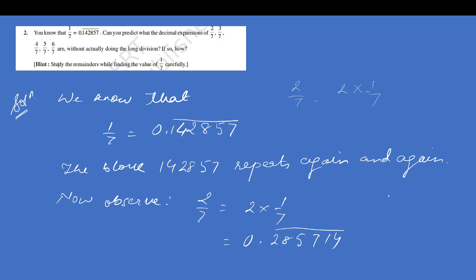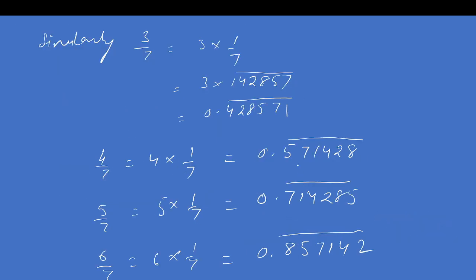Multiply 142857 by 2 and you get 285714. This is 2 by 7. Similarly, 3 by 7 is multiplied by 3, 4 by 7 by 4, 5 by 7 by 5, 6 by 7 by 6. This is how you can do it without actually doing the division. This is 4 times 1 by 7, 5 times 1 by 7, so there is no harm in multiplying directly.